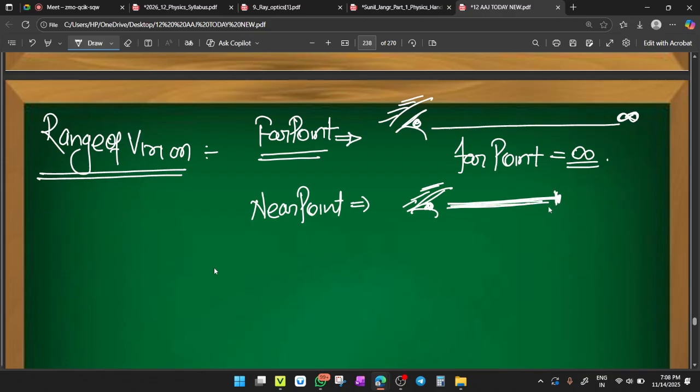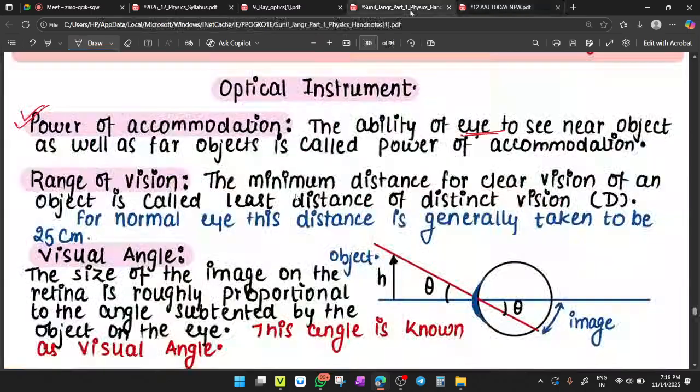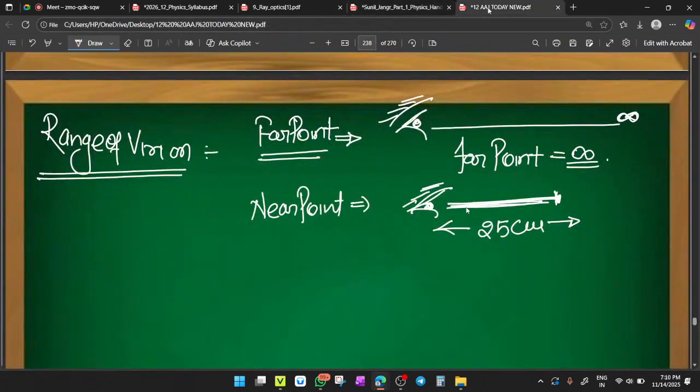The nearest distance an object can be seen very clearly is called the near point, and for a healthy eye, it is equal to 25 centimeter. Note, students, the minimum distance for clear vision of an object is called the least distance of distinct vision. It is also called the near point, which for a healthy eye is equal to 25 centimeter.